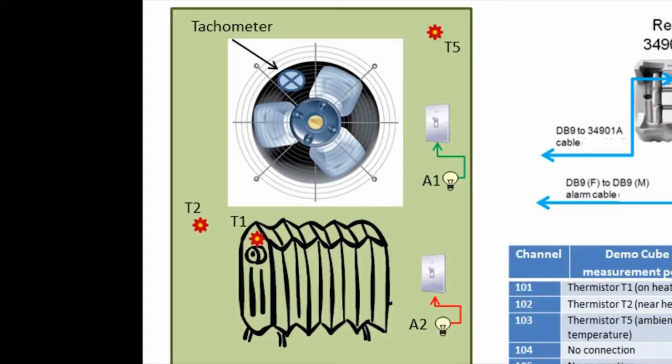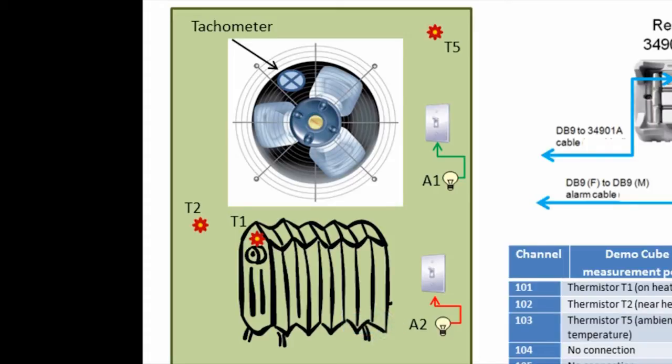What I also have available here is a couple of manual switches where I can turn on a fan manually or I can turn on the heater manually. The way that we're going to turn off our heater when it hits the top limit is with alarm 2. So you'll see an LED go off and that will override the manual switch.